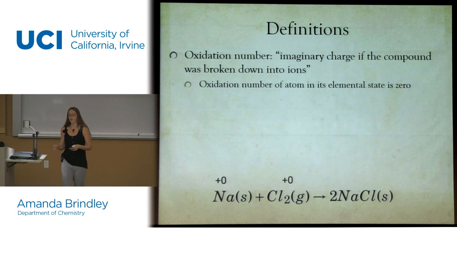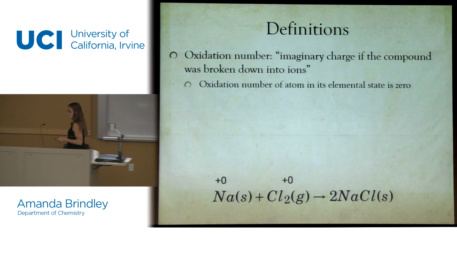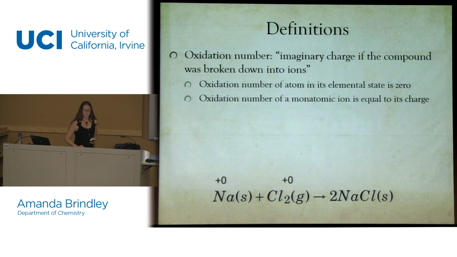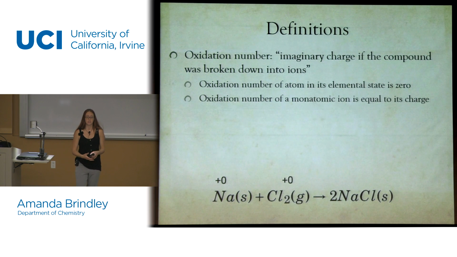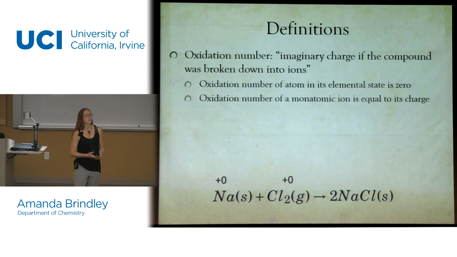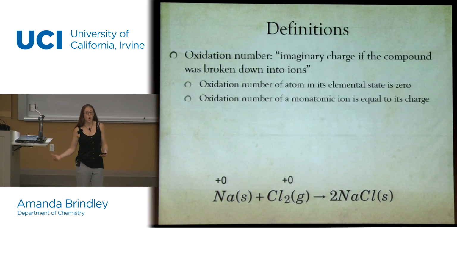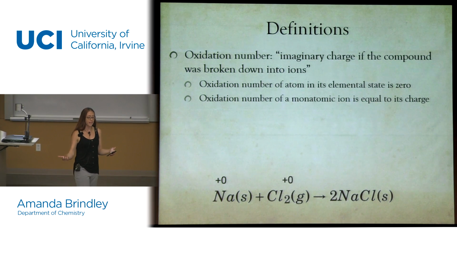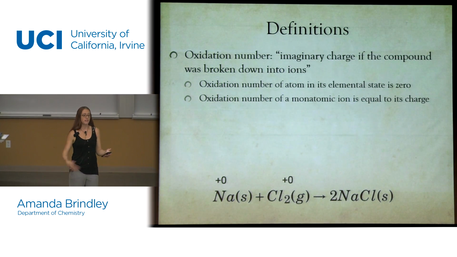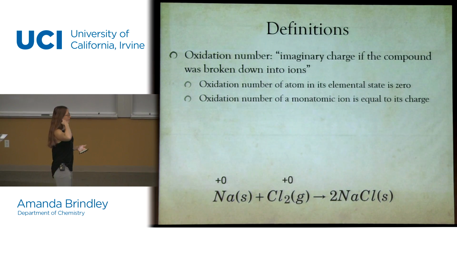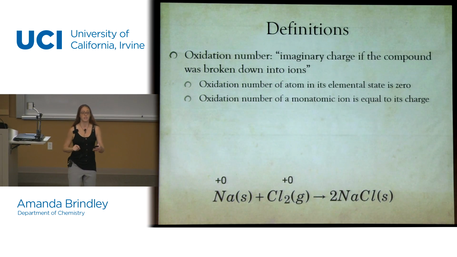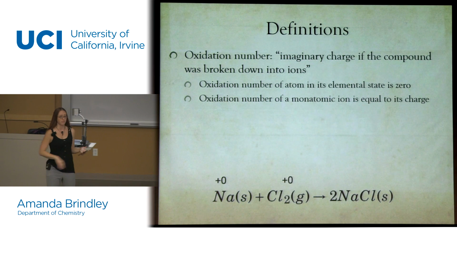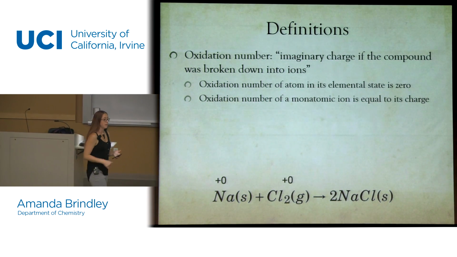Okay? Now, the next part. A monoatomic ion is equal to its charge. That means, okay, if you have any of the ions that you know, sulfide is a -2. If you see it, it's a -2. You know that fluorine is a -1, like in sodium fluoride or potassium fluoride, something like that, you know that's a -1.